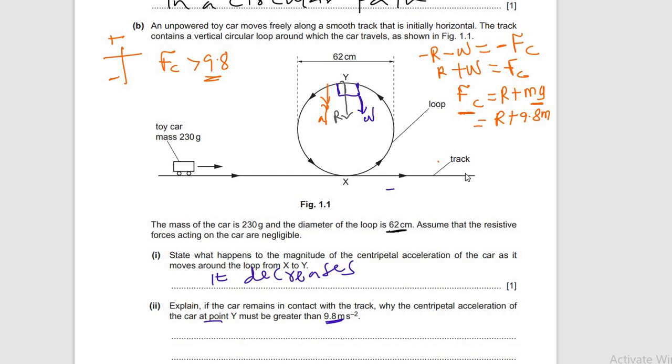When we add the normal reaction plus 9.8 times mass, it will give you the centripetal force. Whatever the normal reaction is, let's assume it is 1, plus, let me say the mass is 2. At the end of the day, 9.8 times 2 is 19.6.